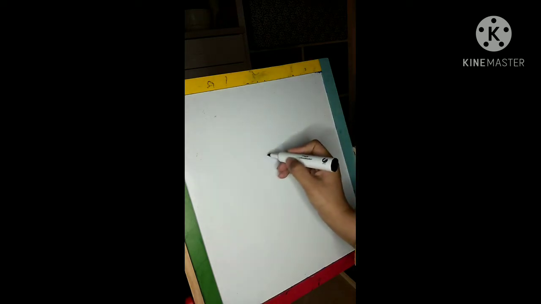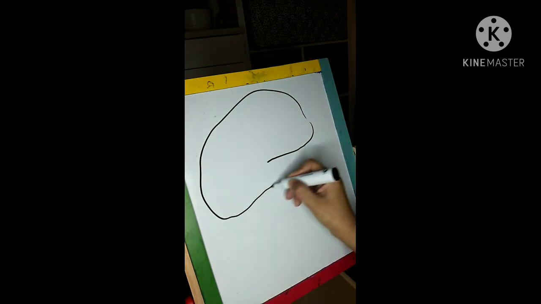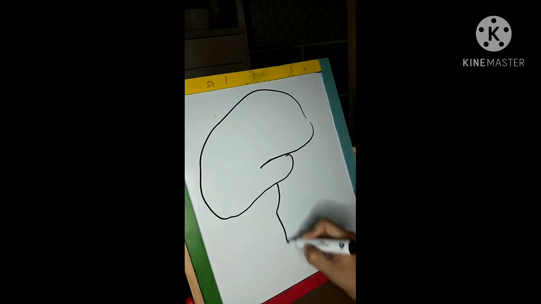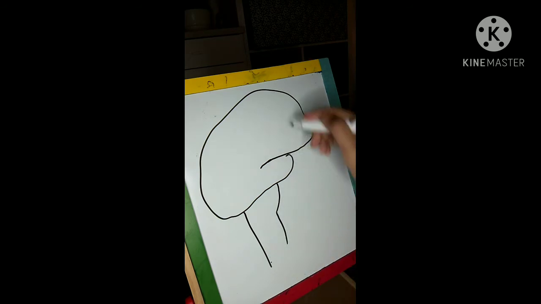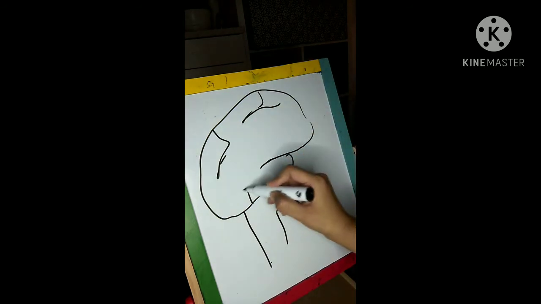So first of all, we will discuss primary motor cortex. All of these areas have a Brodmann area number. So primary motor cortex is Brodmann area 4. So here I'm trying to draw the brain.